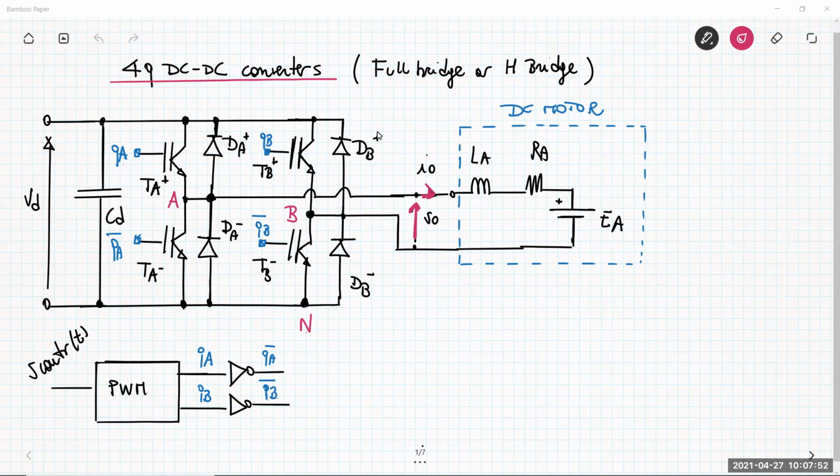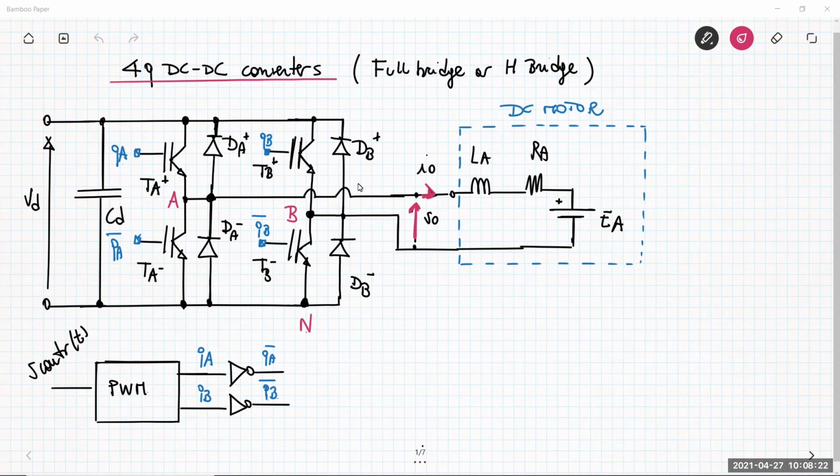So we were talking about the four-quadrant DC-DC converter, which is normally called full bridge or also H bridge. You can see there are 2 legs. I put IGBTs here, but you can also have MOSFETs, and they are organized in such a way that you have 2 nodes A, B, through which you can connect your load, that in this case is the DC motor.